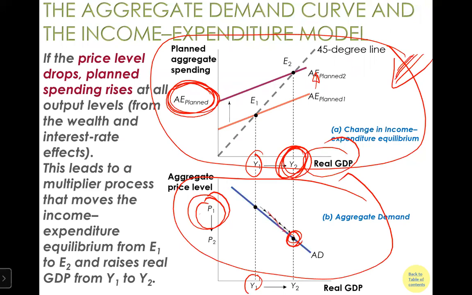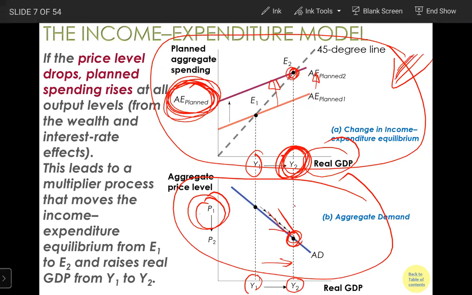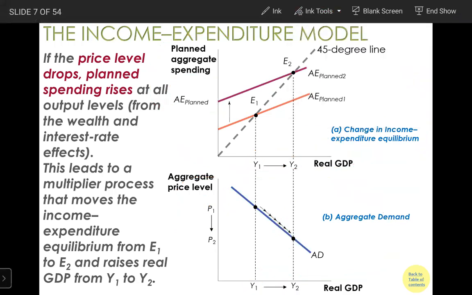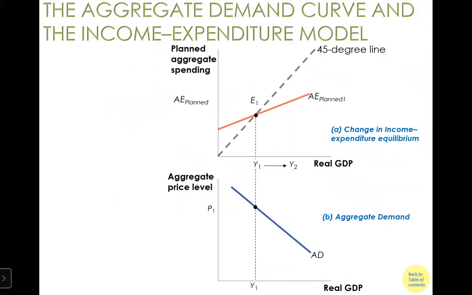So when price declines, the aggregate expenditure plan goes up, and we reach a new equilibrium of Y2. So here reflects the Y2 increase, right? So this is our aggregate demand. So we can look at this one more time.